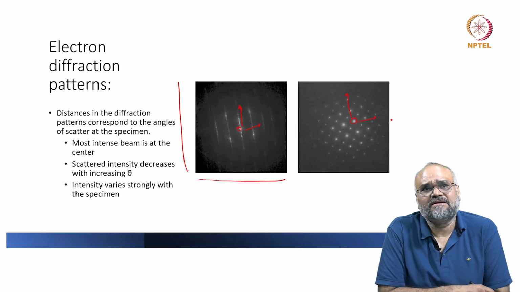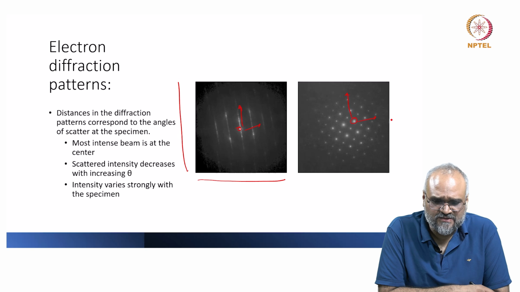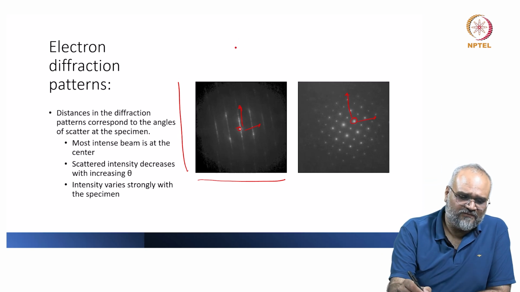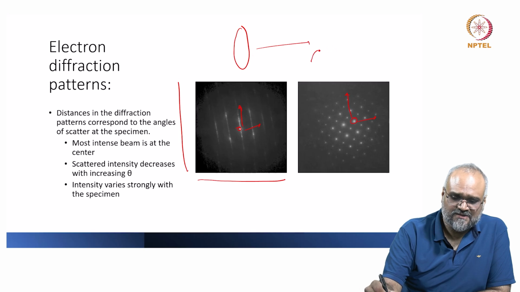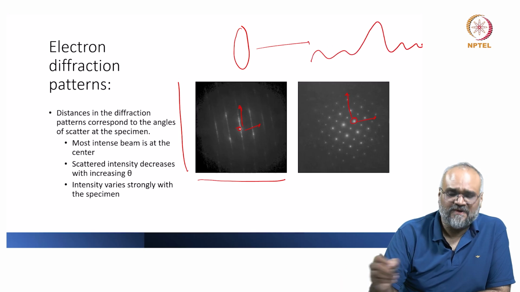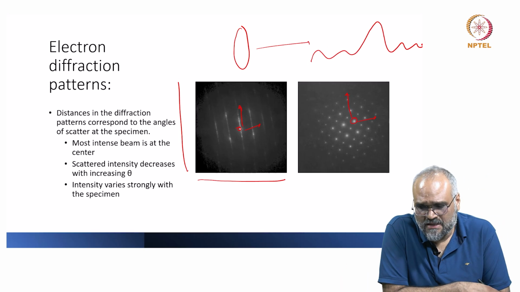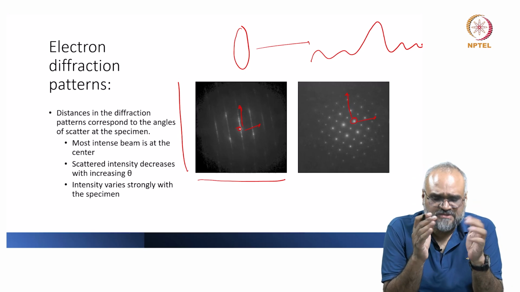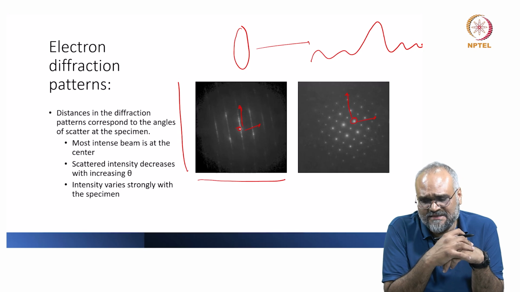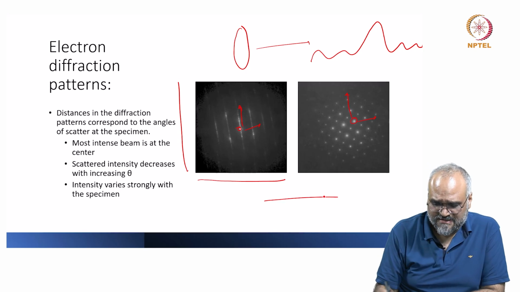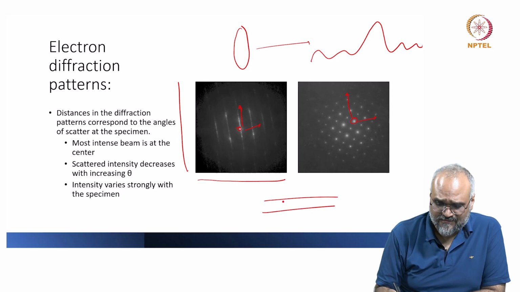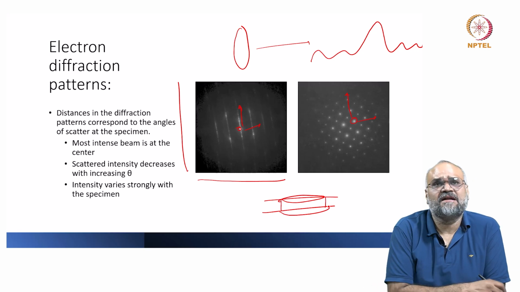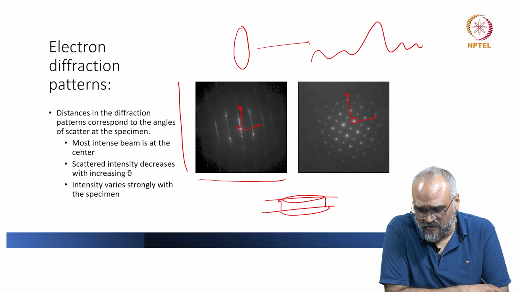Now, if you recollect how an image is formed in a microscope, we introduced the concept of imaging of light through an aperture, and then this shows you a sinc function or a point spread function. Likewise, when I have a circular aperture or a small portion of the specimen interacting with the electron beam, say I have a specimen like this and I have a cylindrical cross section, a small area of my specimen which is interacting with the electron beam.